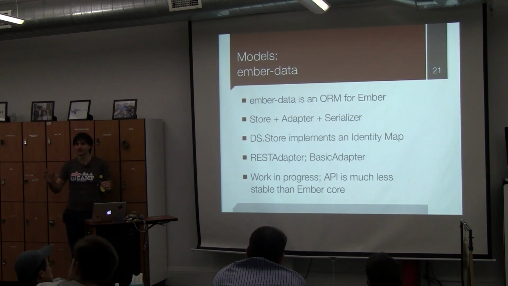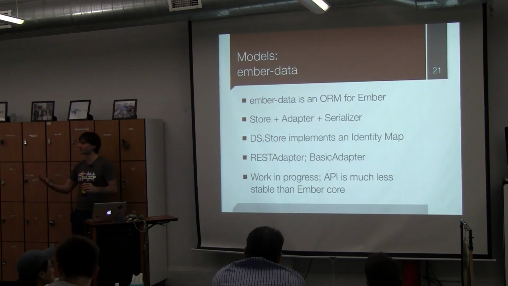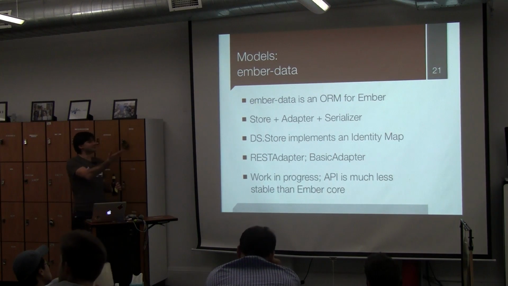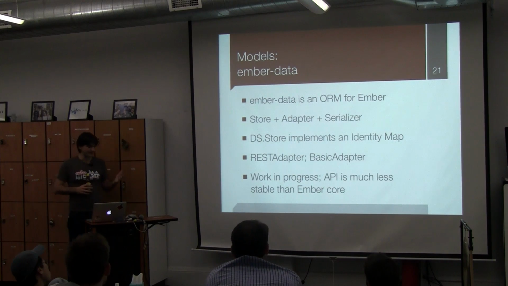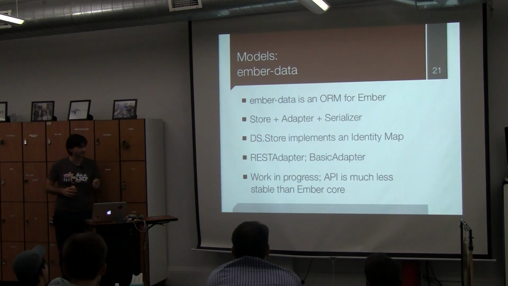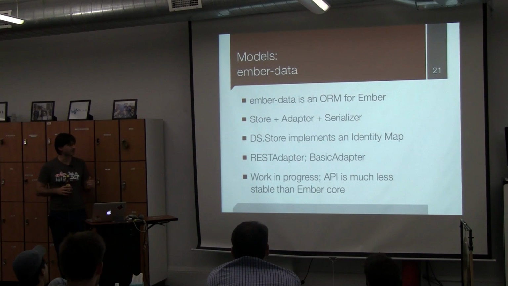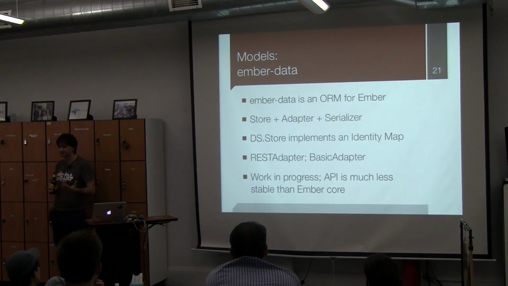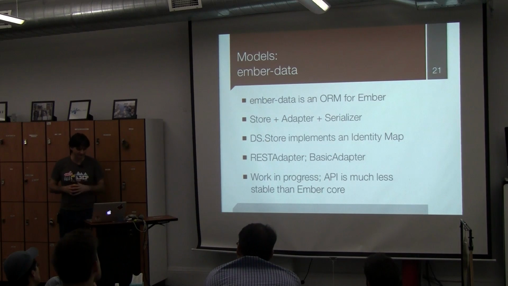So I described some of the things that are important for working with models successfully. How do we get these things? Ember data is one route to do that. We use Ember data in, I think, all of our apps at this point. Ember data is an ORM for Ember, you can think of it as. Now, obviously, because it's talking to an API and not a database, it's a little bit different from the ORMs that you might be familiar with, Active Record in Rails being probably the most famous example.